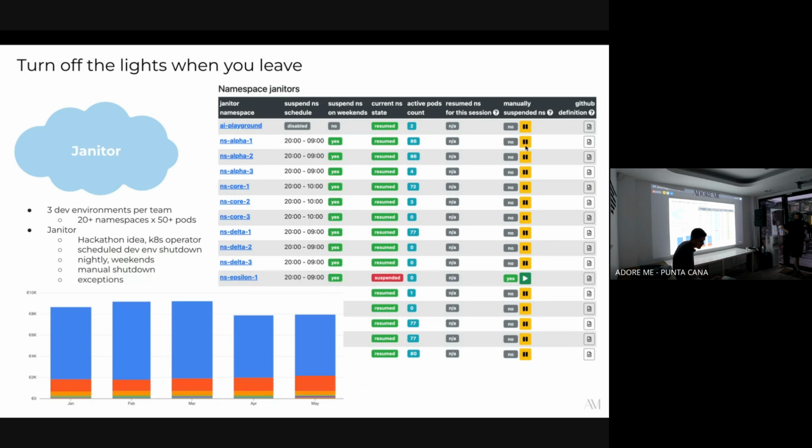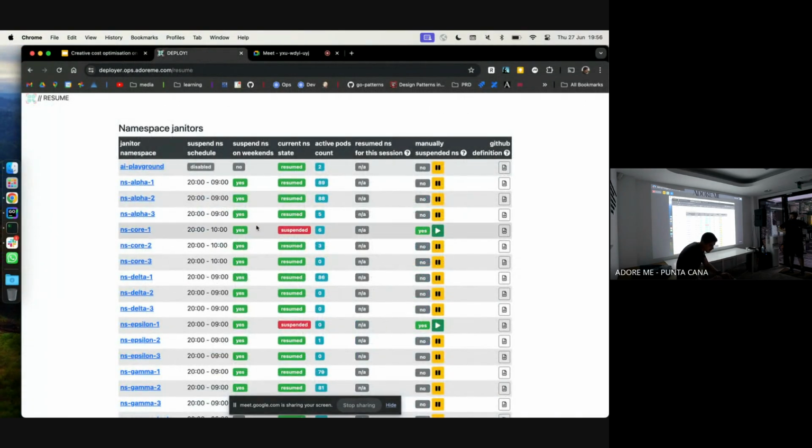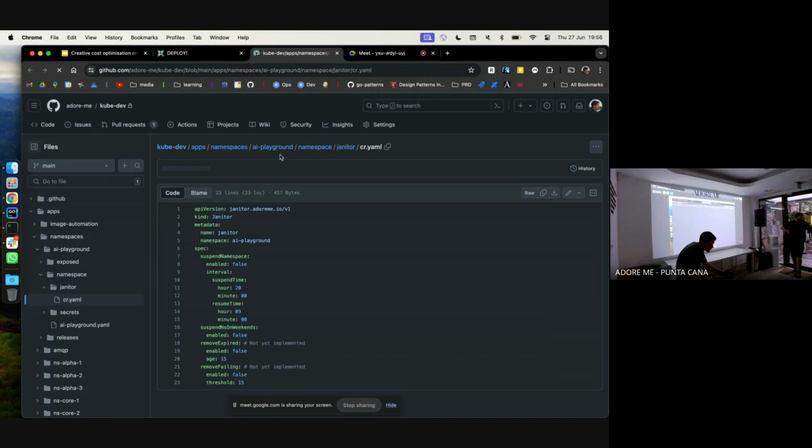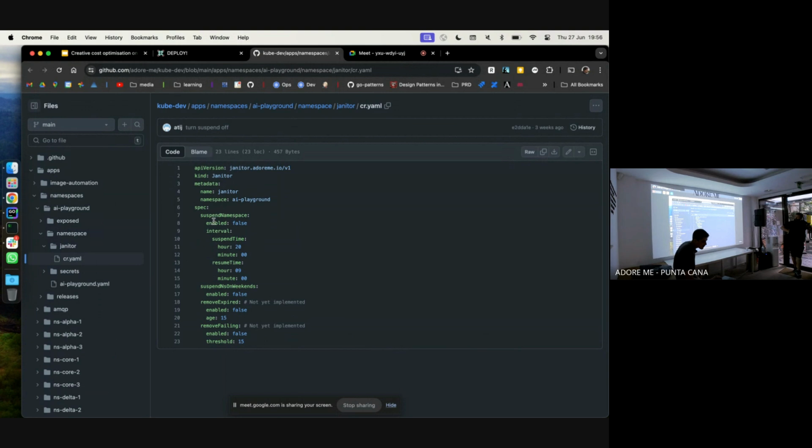They can pause or suspend it on demand if they need to. And I can also show you the interface, so how the custom resource looks. It's just a simple custom resource. You can enable or suspend your namespace.